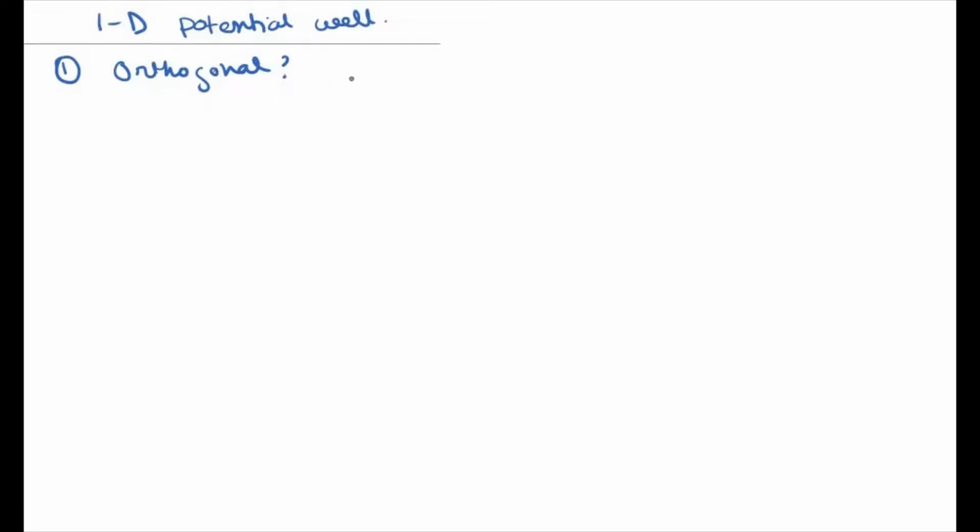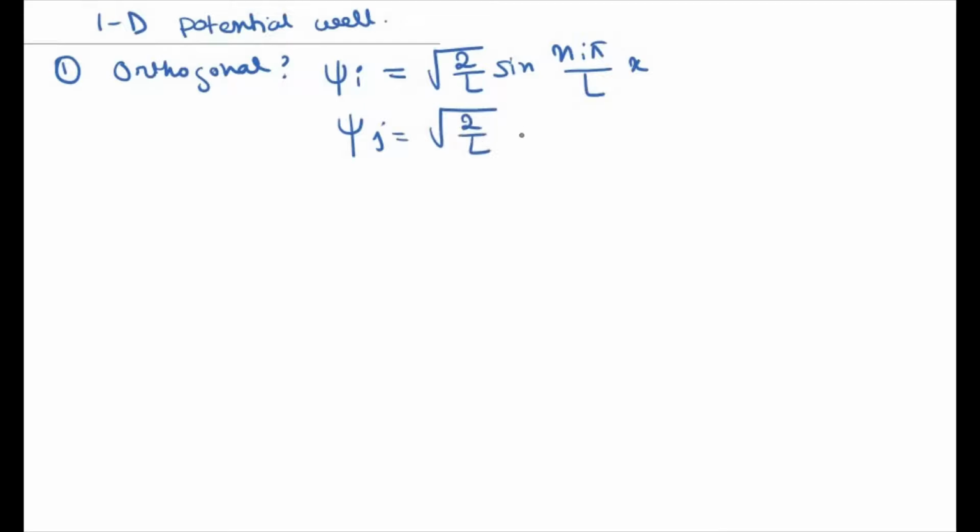and let us consider any two wave functions. So psi i is, let us say, root over 2 by L sine of ni pi by L x, and let us take psi j, which is basically root over 2 by L sine of nj pi divided by L x.